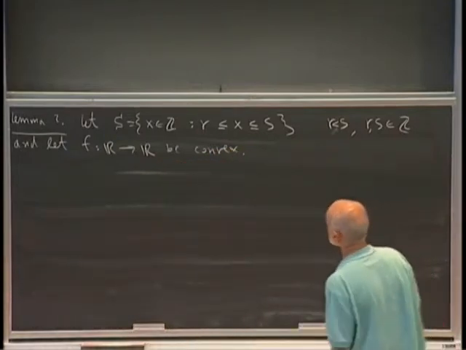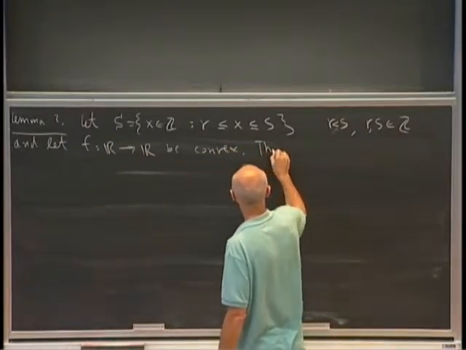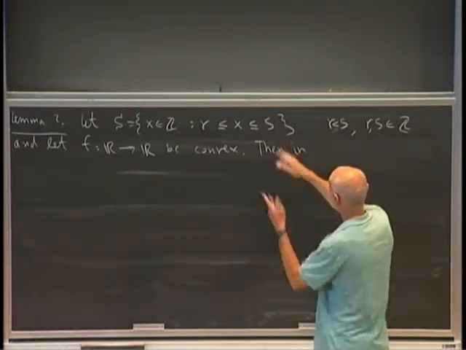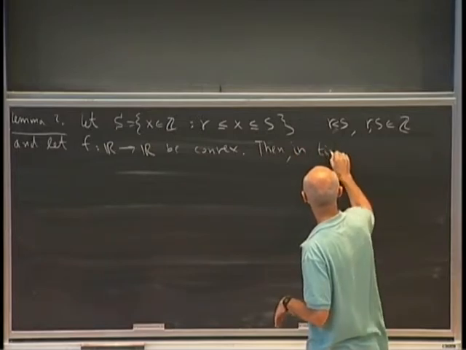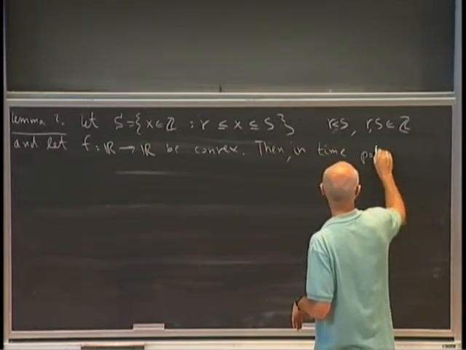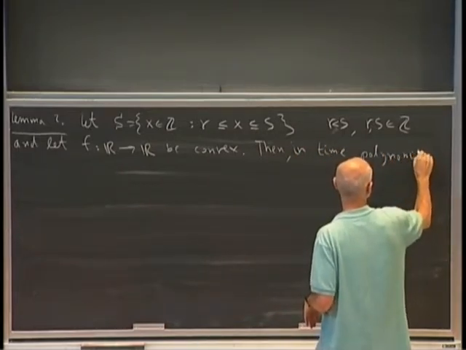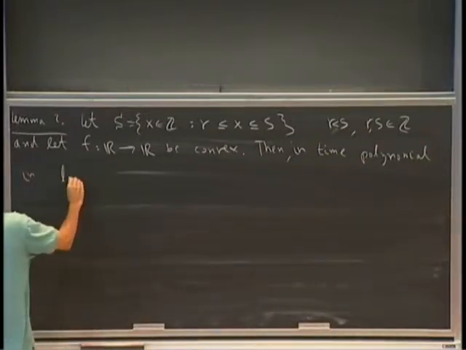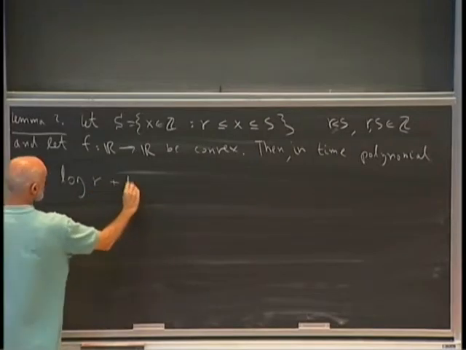Convex. Then, in polynomial time, in the natural size here, in time which is polynomial in the log of these numbers, the log of R plus log of S, let's say.